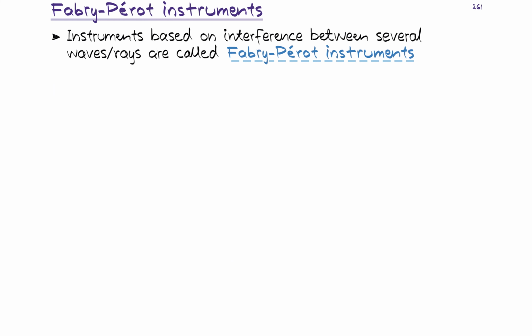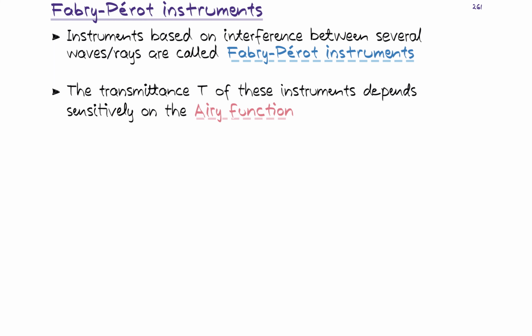And of course we can generalize readily to the other kind of Fabry Perot instruments. The interesting thing here is mostly the transmittance function T of these devices. And as we learned in the previous lecture, that depends sensitively on the Airy function, the calligraphic A. So T, the transmittance of a device, is defined in the same way as the transmittance of an interface.